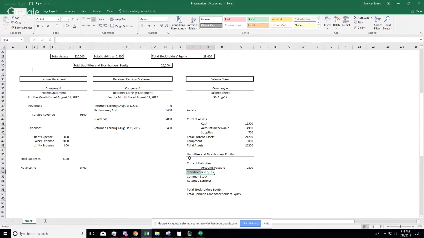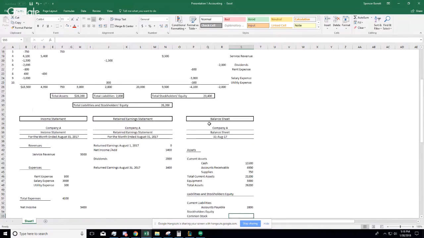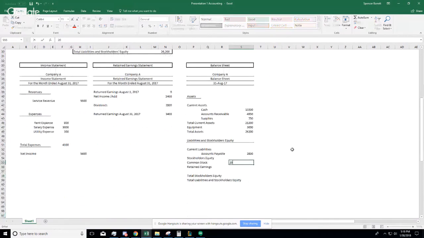And then this is just a transition saying that we are going to go into stockholders' equity. So common stock, come back up here, 20,000. And then again, everything feeds into one another. So I go back to the retained earnings of 3,400. I do a little equation to get my total stockholders' equity, which would be that plus that, 23,400.